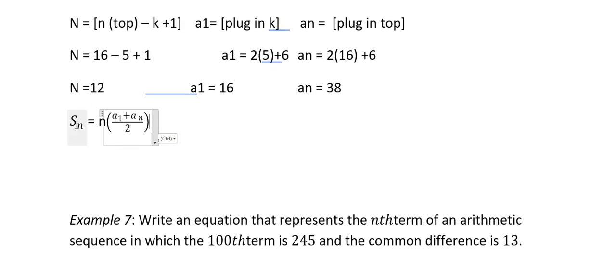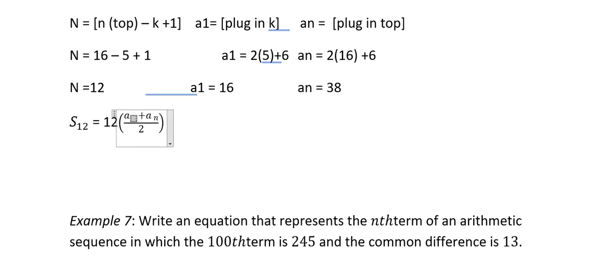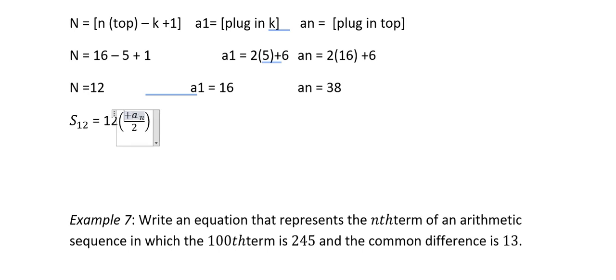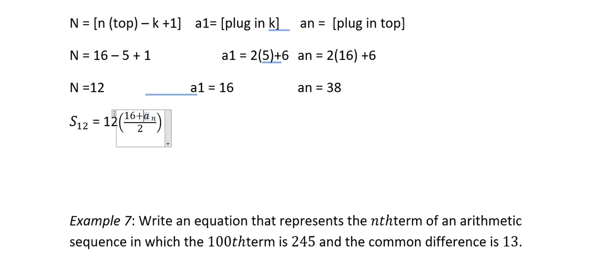So we know that n is 12, a sub 1, because we interpreted this summation notation, is 16, a sub n is 38, and I can figure all this out.